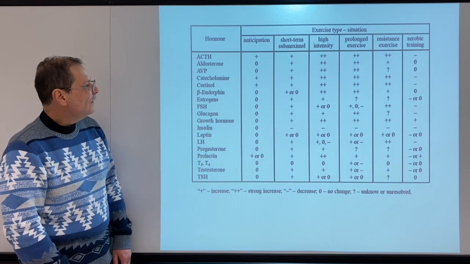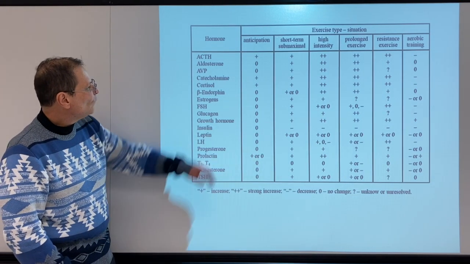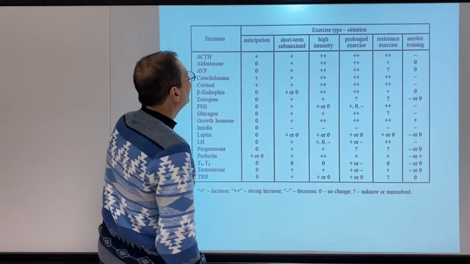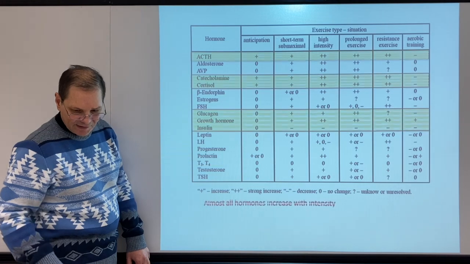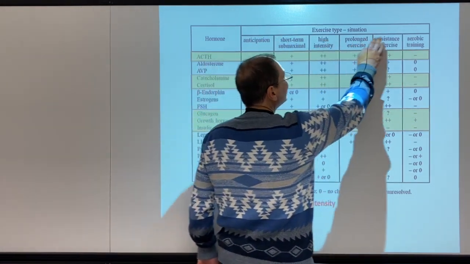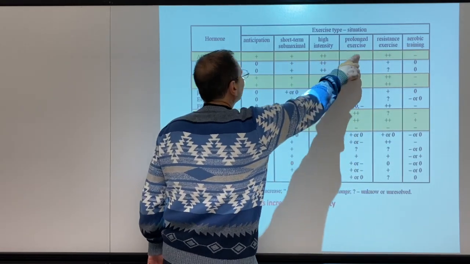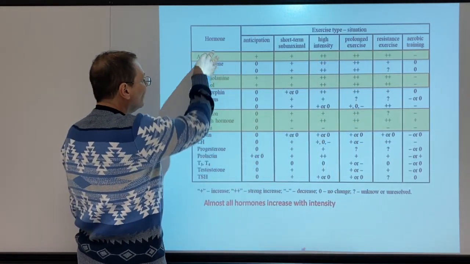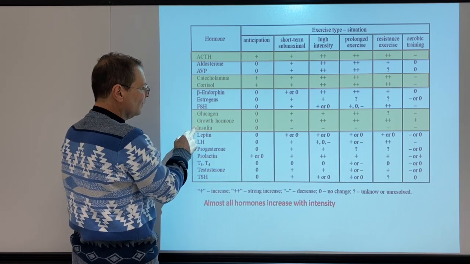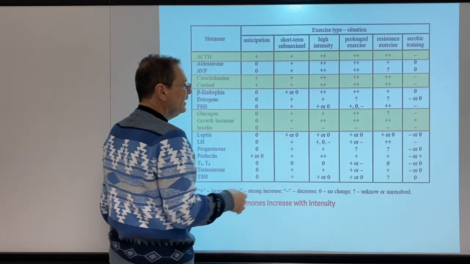Okay, so here we have a chart with all of our hormones in column number 1. And the first thing that you'll notice in this chart is that as we go to increasing exercise intensity, all of our relevant hormones, ACTH, cortisol, catecholamine, glucagon, growth hormone, insulin, we've talked about these.